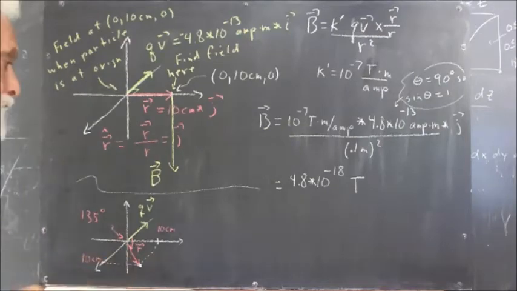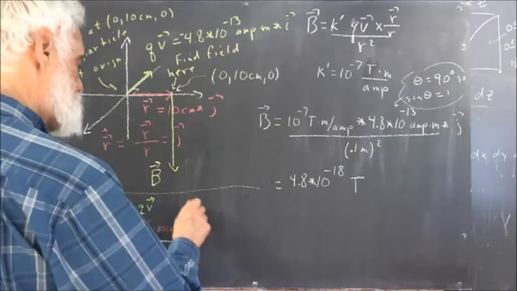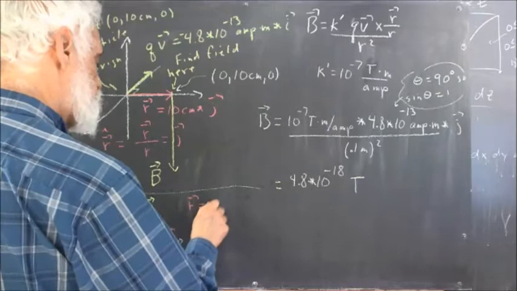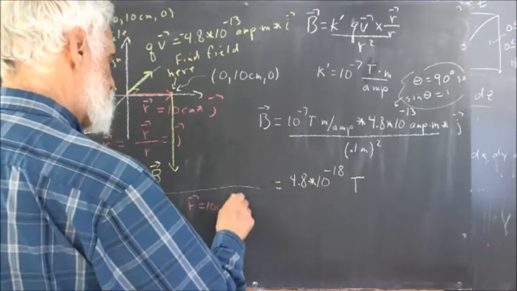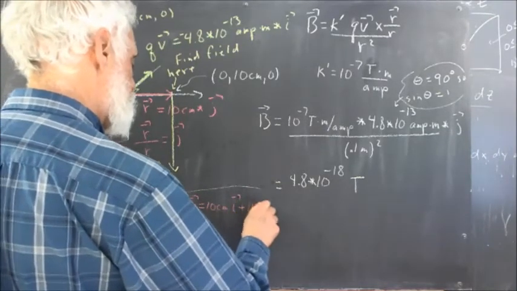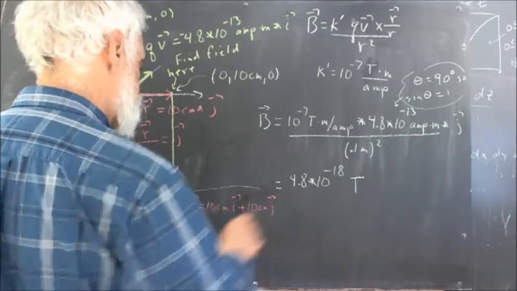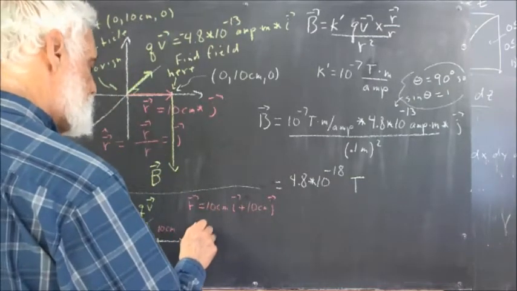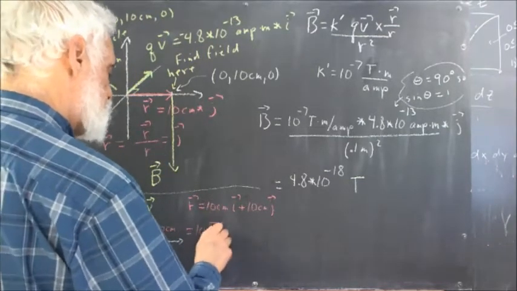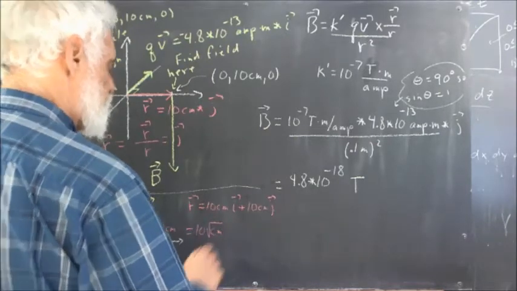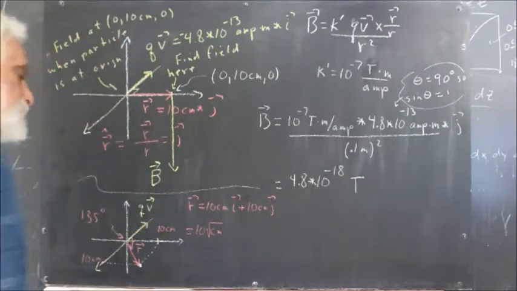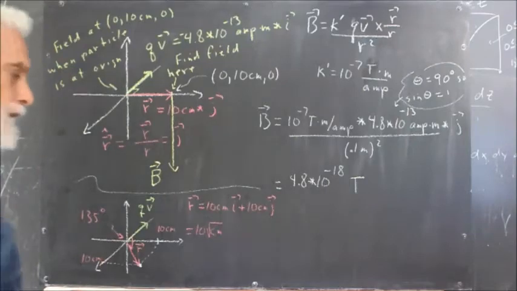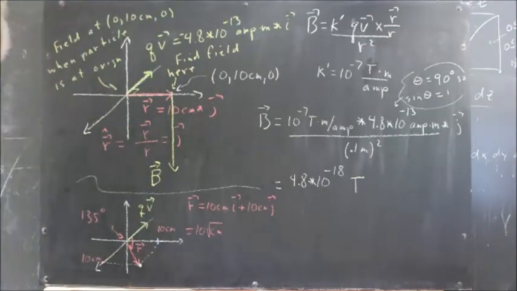And what's the R vector? The R vector is 10 centimeters times I plus 10 centimeters times J. I wrote that badly, I've got to fix that.